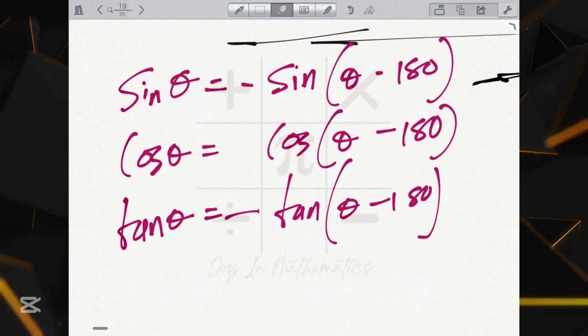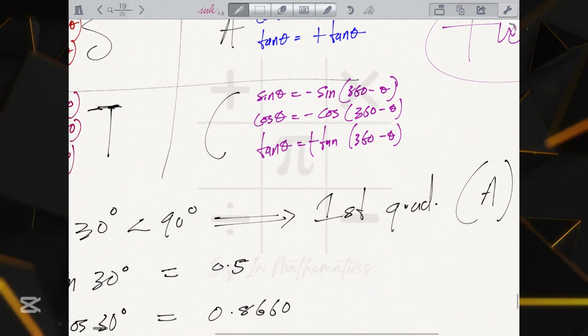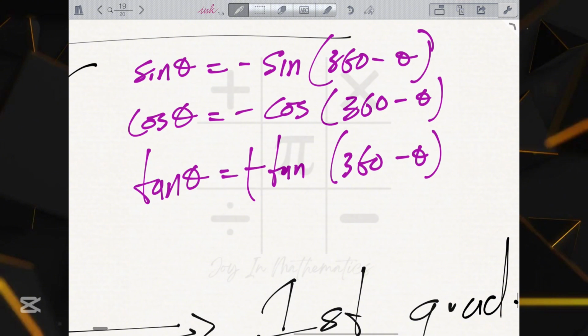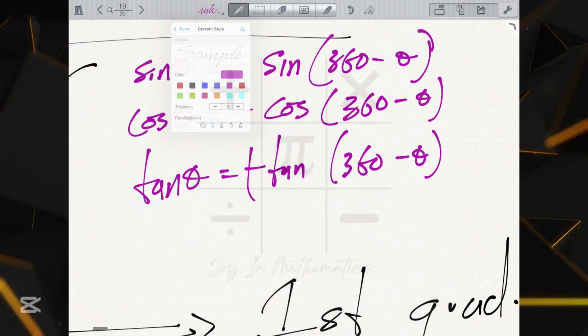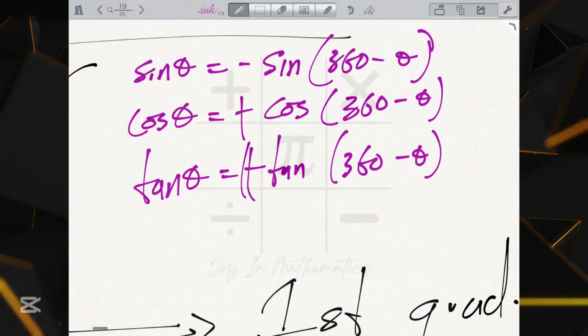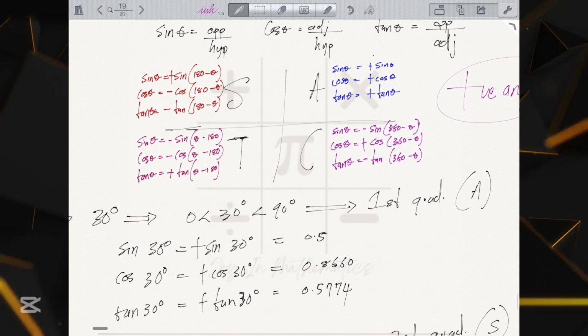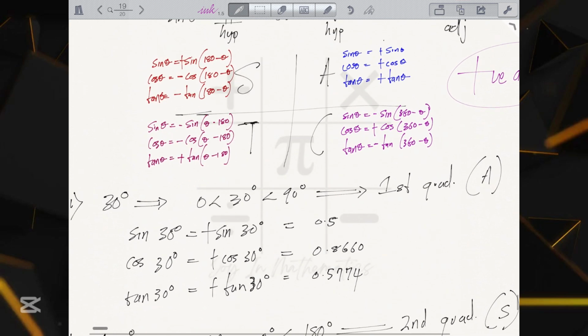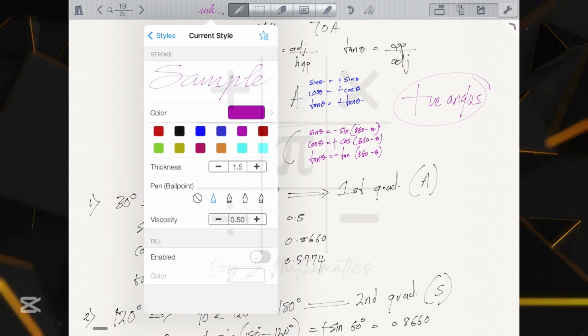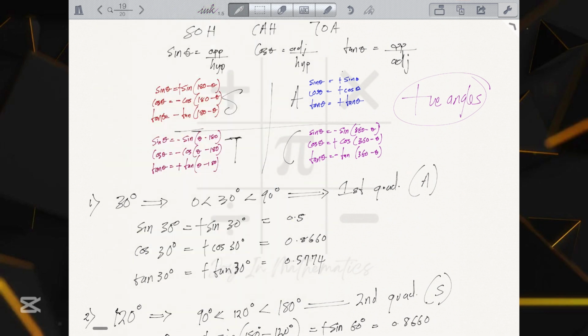In the third quadrant cos is negative and tan is positive, and here our cos is positive and our tan is negative. So yes, this is the correct one. All students take coffee. You can make that amendment in your notes.